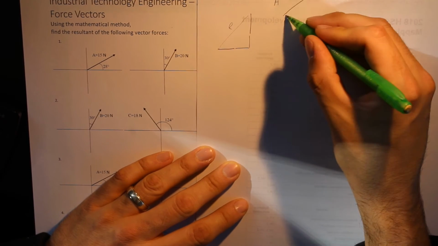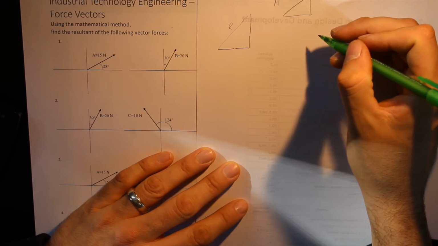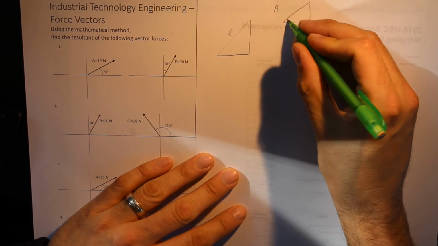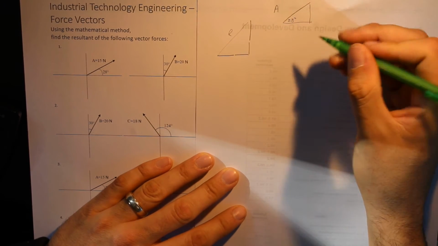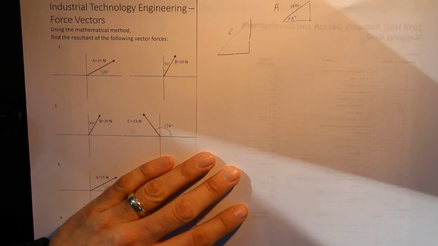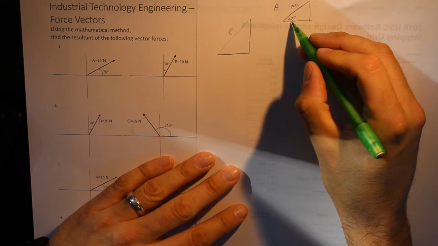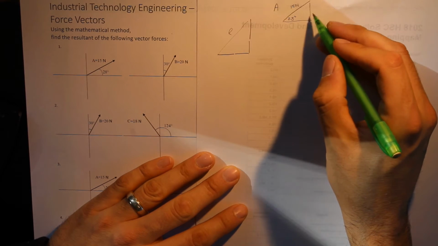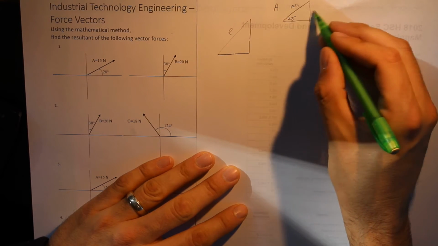So if we look at A as though it's a triangle, we've got a 28-degree angle here, and we've got a magnitude of 15 newtons. If we're dealing with this side, looking to find this side, it is the opposite of the angle.